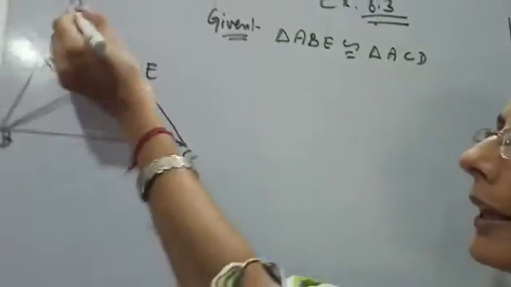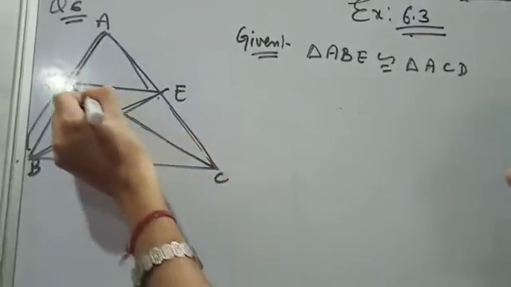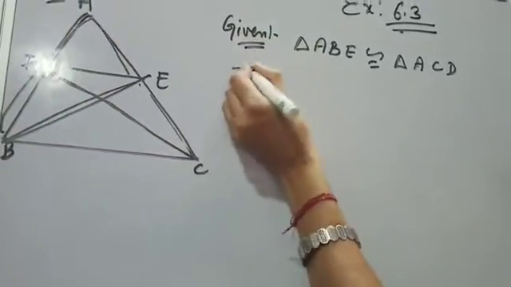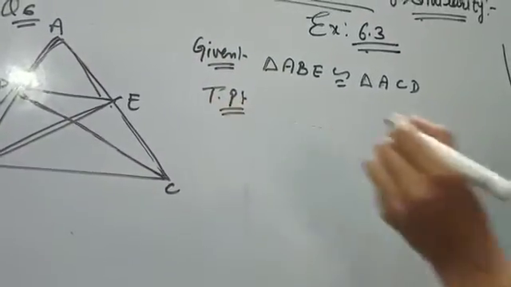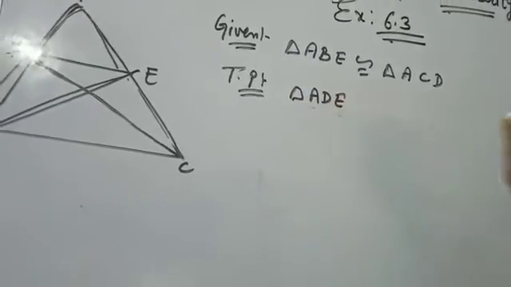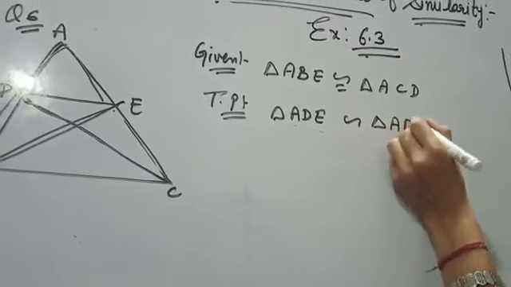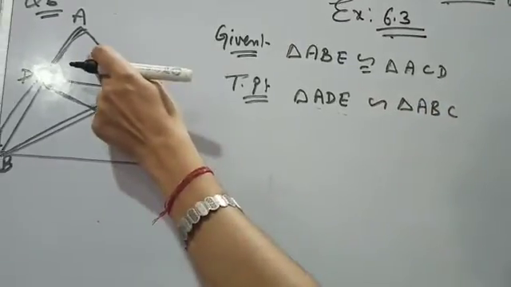Then to prove, we have to prove that triangle ADE is similar to triangle ABC, the full triangle. The smaller triangle is similar to the full triangle.